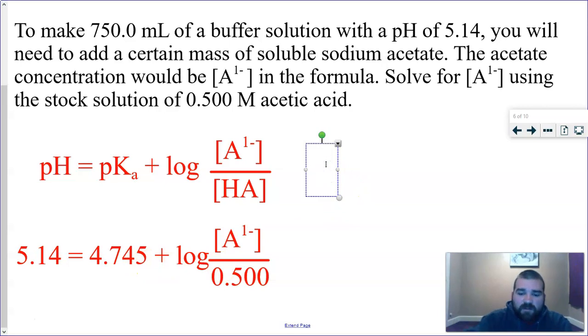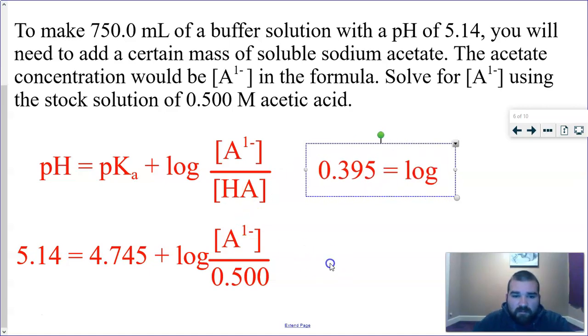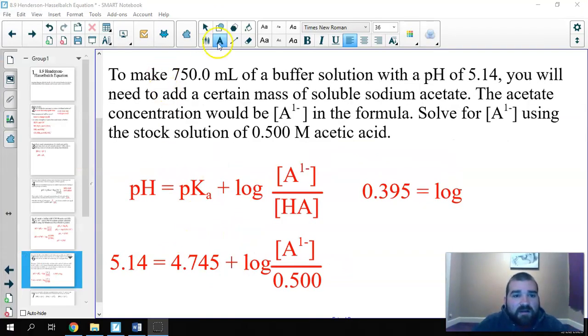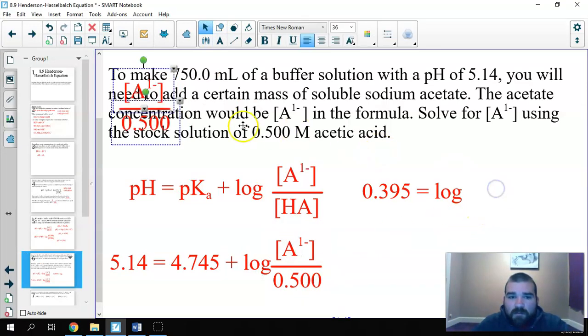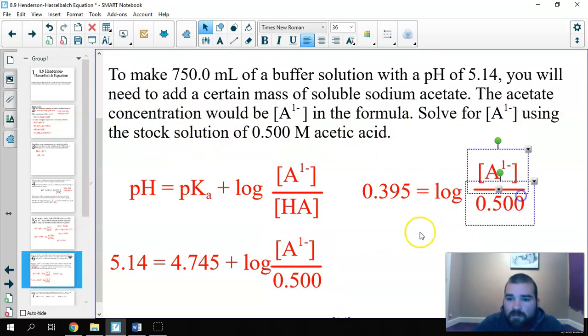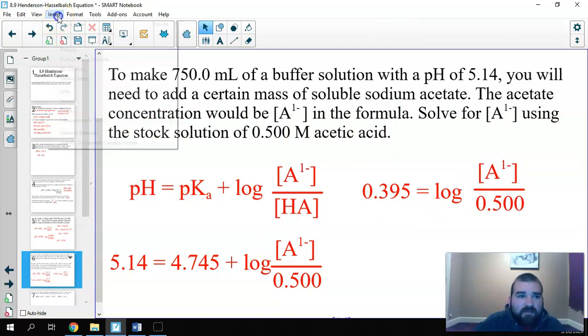I'll write this down as an intermediate step: 0.395 equals the log of A1 minus over 0.5.